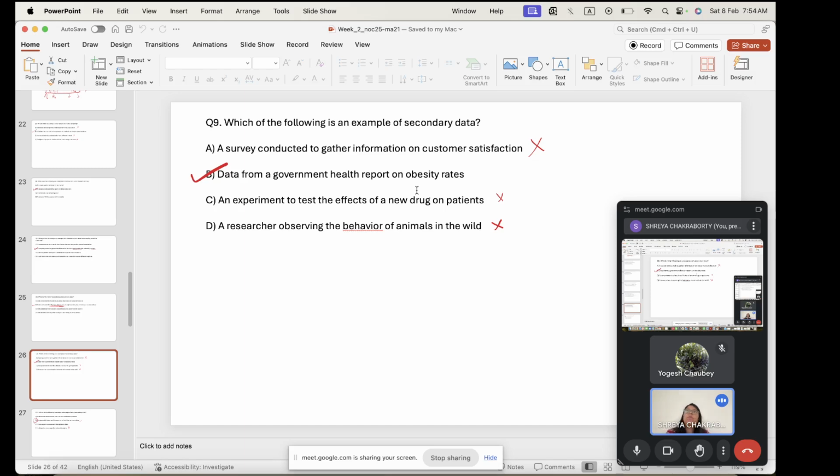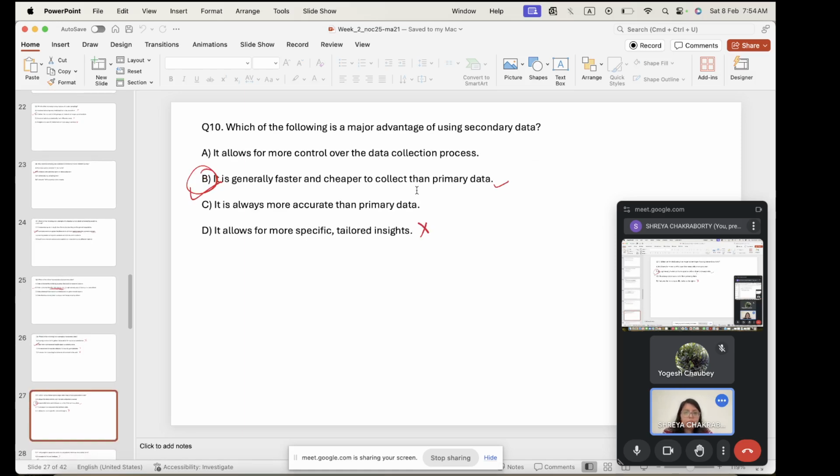So if you want to gain more control over your data, that is one of the advantages of using primary data. But secondary data is, of course, faster and cheaper.